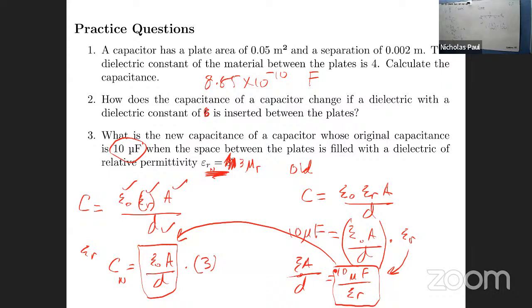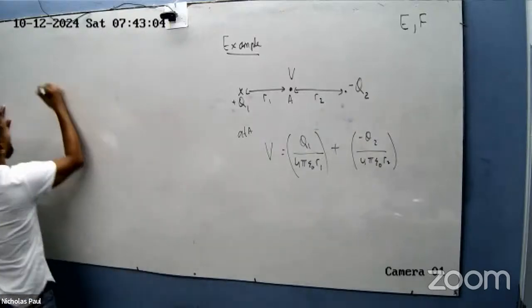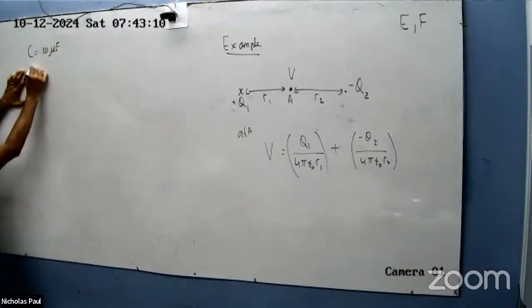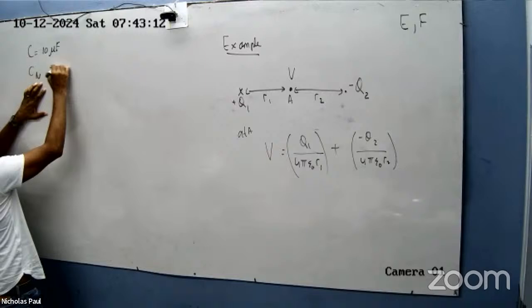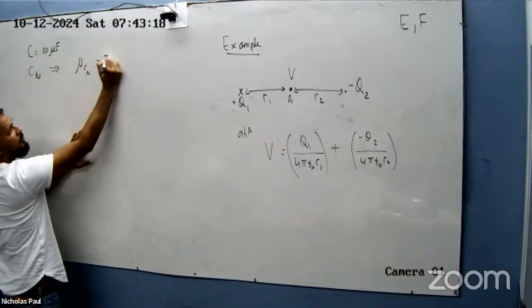I forgot to write it down. I'm going to show you what I was supposed to write. The old capacitance was 10 microfarads, and you had to get a new capacitance, given that this new value was supposed to be 3 mu r.